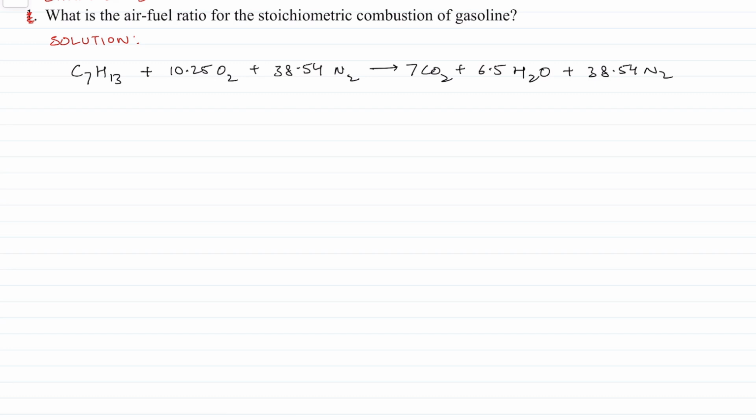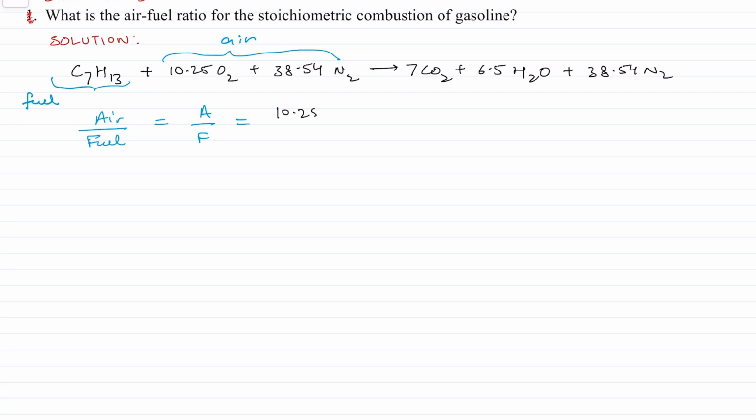So in this example, the air to fuel ratio, we can call it also A to F, would be: on the left hand side, this is air, and this is fuel.